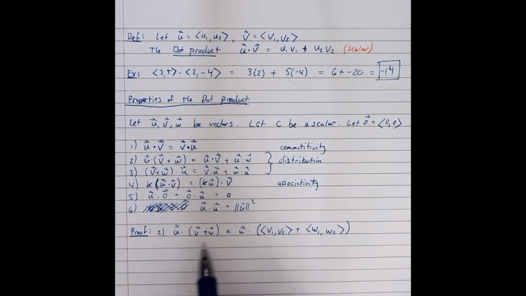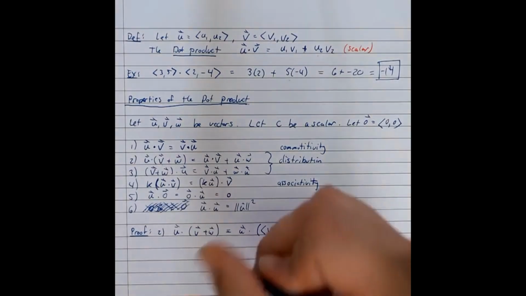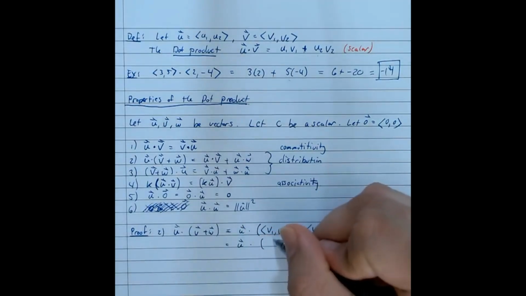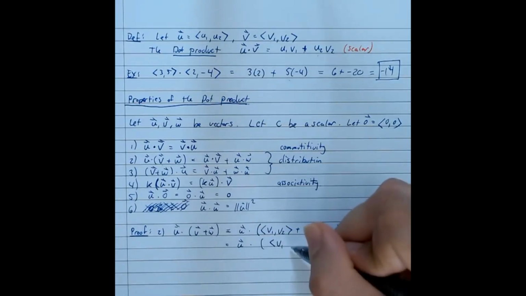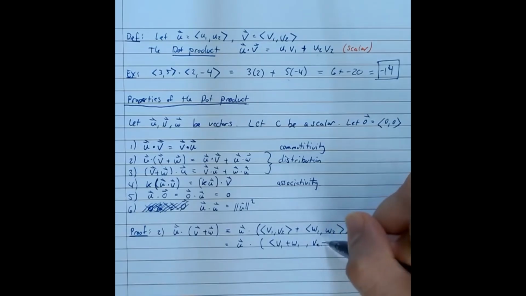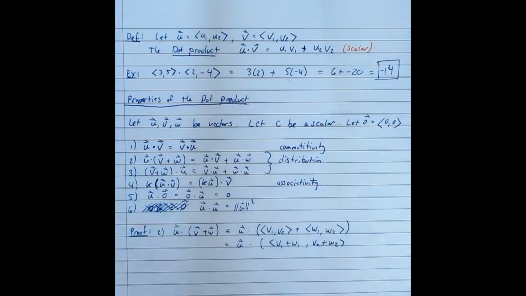They go first. Okay, so let me just add these together. So that's going to be U dot (V1 plus W1, V2 plus W2). After all, that's how you add vectors. You add vectors by saying first component plus first component gives me my first component, second plus second gives me second.